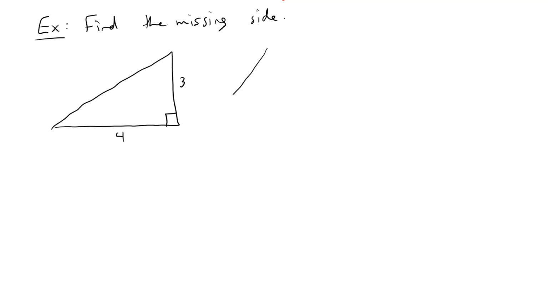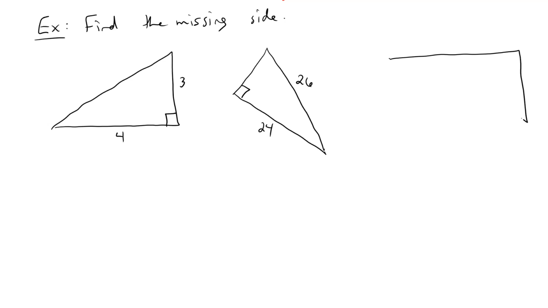Let's do another one. A right triangle. Let's say that this is 26 and this guy here is 24. And we'll do one more. Let's say that this guy is 7 and this guy is 11.